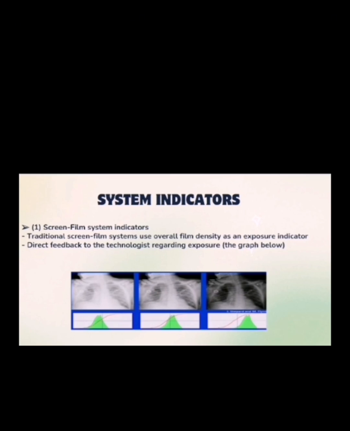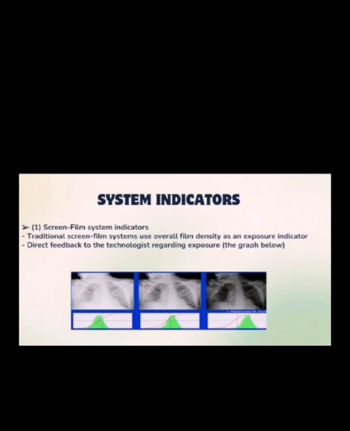The higher the optical density, the more opaque the region is in the image, and the lower the optical density, the more transparent, or the more light is let through the image.